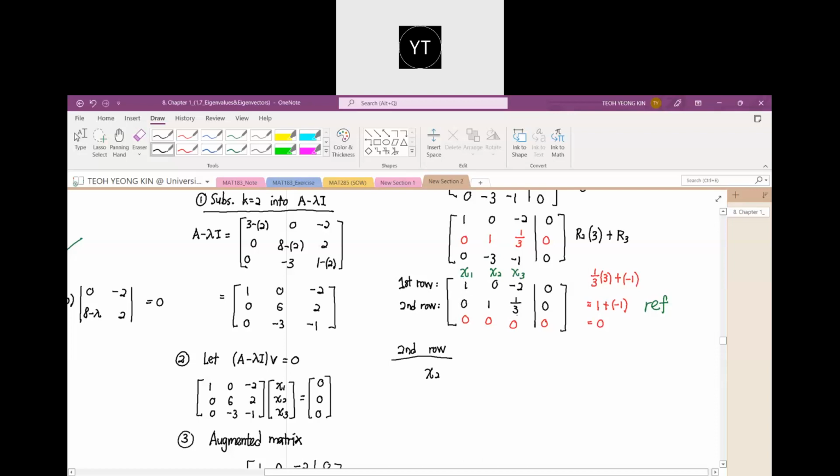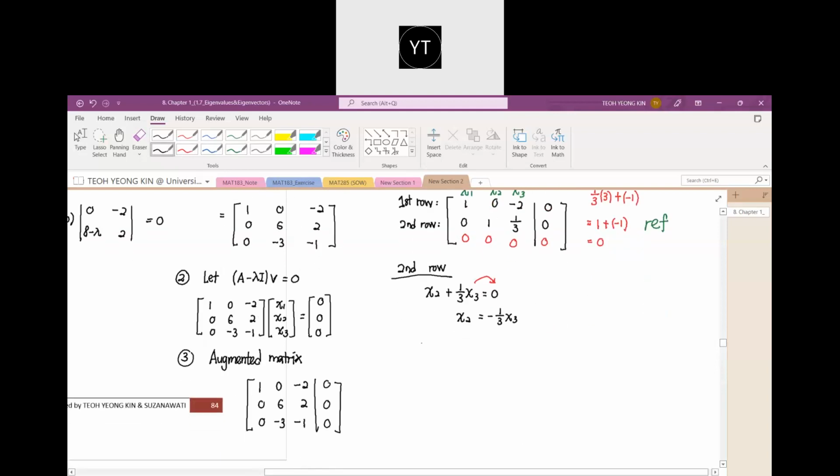plus this is positive 1 over 3. So plus 1 over 3 x3 is equal to 0. So next I move this one to the right hand side. x2 is equal to negative 1 over 3 x3.